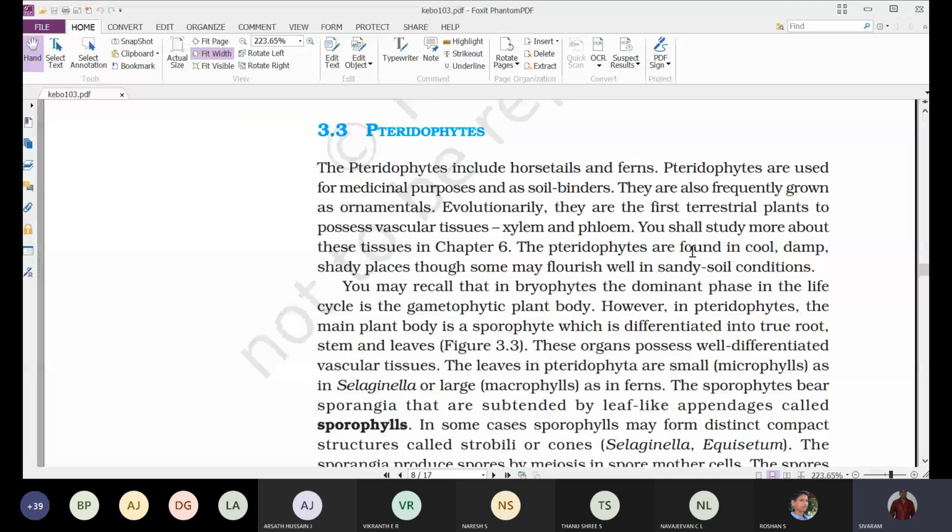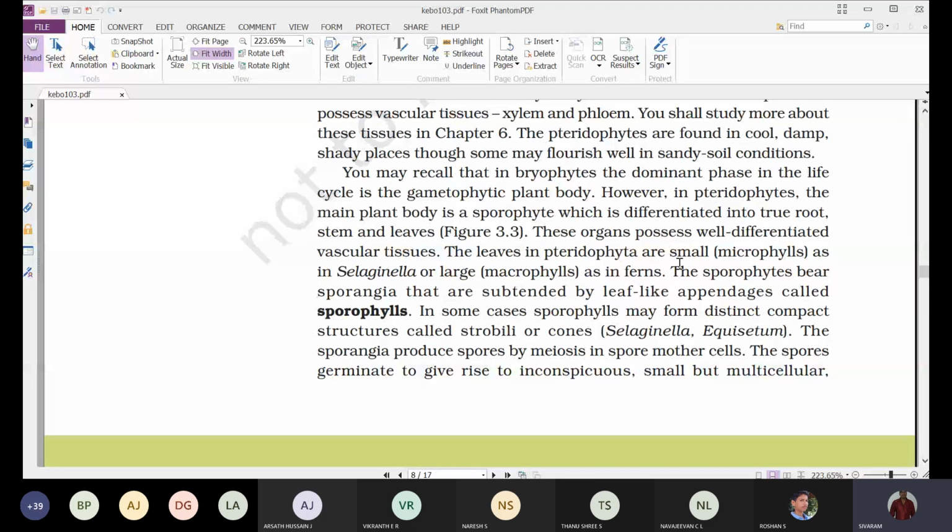So in case of bryophytes, the gametophyte stage is the dominant stage. However, in pteridophytes, the main body is the sporophyte, which is differentiated into root, stem, leaves. That means the plant which has shown the true root, true stem, and true leaf for the first time in the evolution of plants is the pteridophyte. The plant body that we are observing represents the sporophyte.